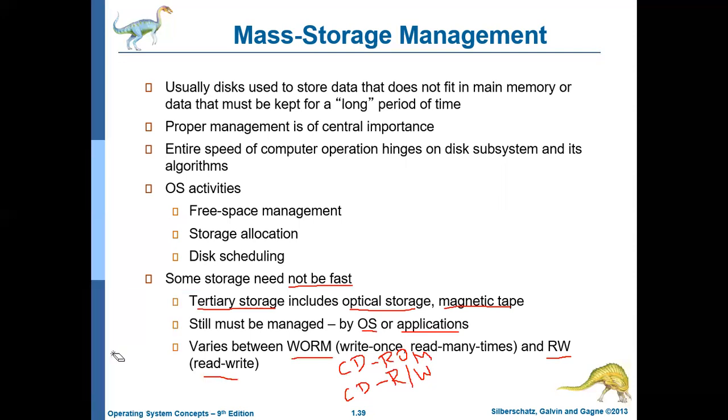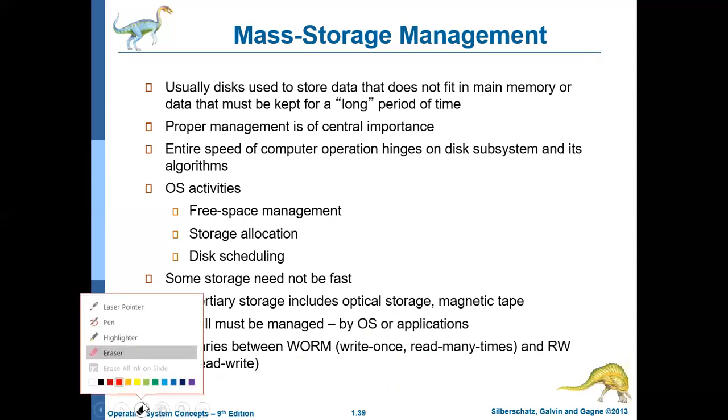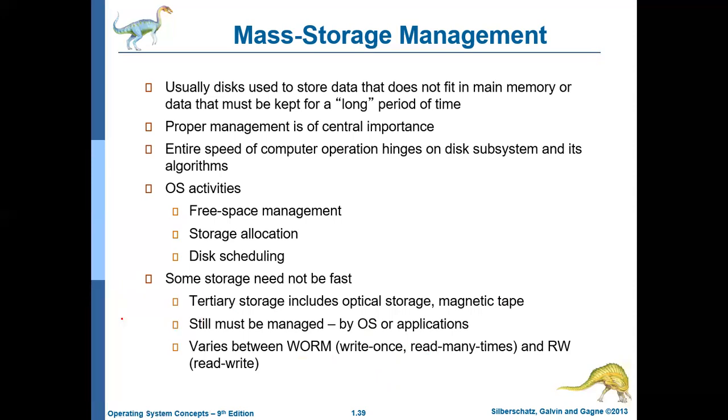So the topic we have discussed is storage management. As a resource manager, the operating system also performs storage management. Here, storage refers to secondary storage devices like disks and tapes.